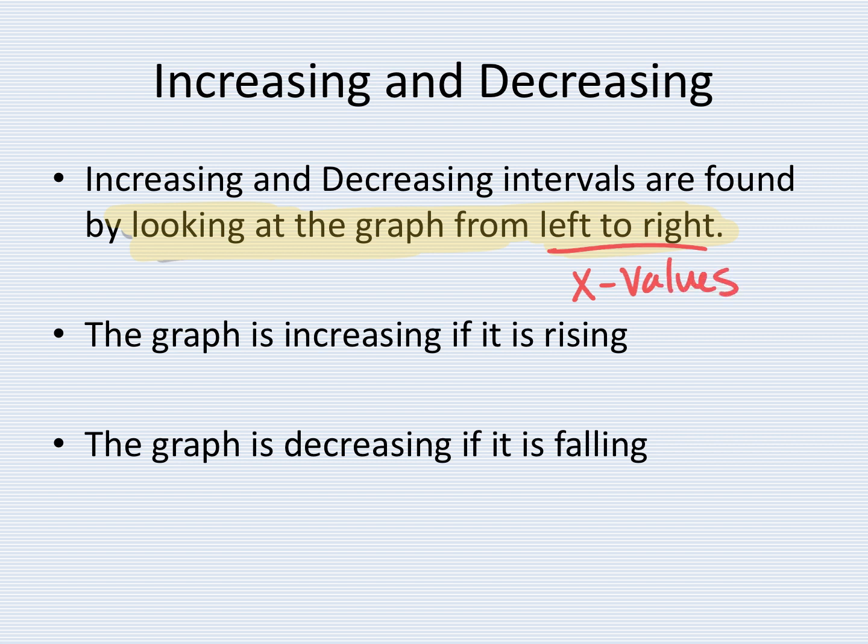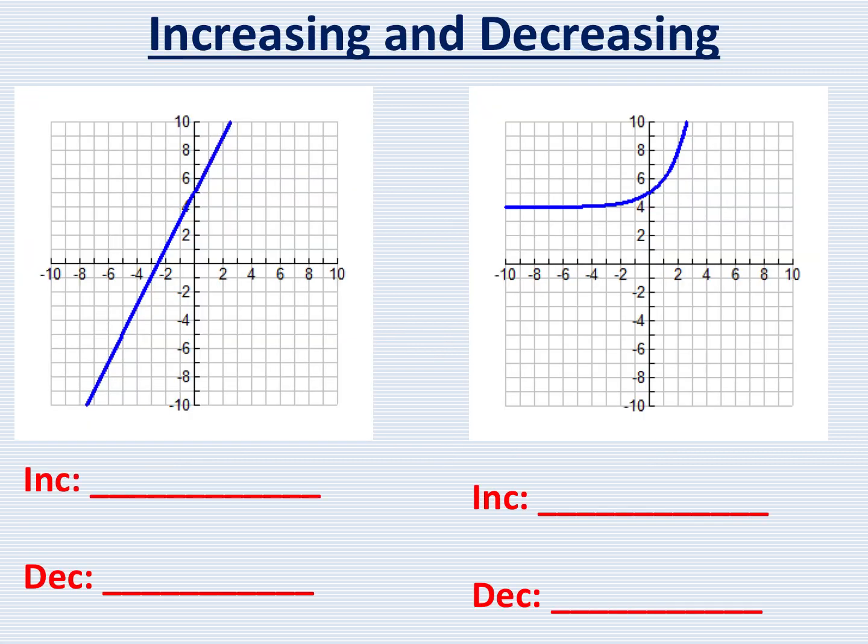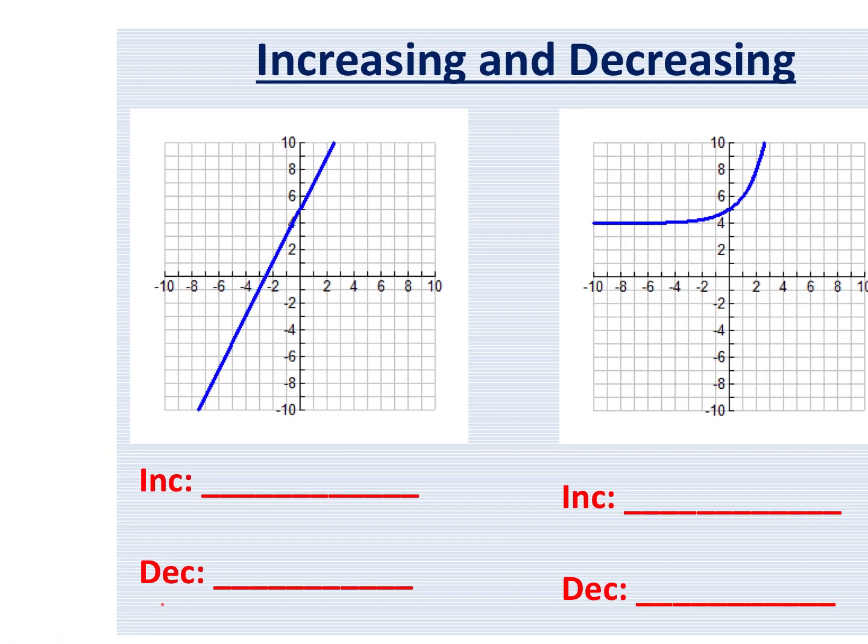So what you are going to do here is look at the x values and decide what the graph is doing from the left to the right. Now, how I decide that is by doing this one thing. So I'm going to show you. Now remember, we are to assume that there are arrows at the ends of both of these.